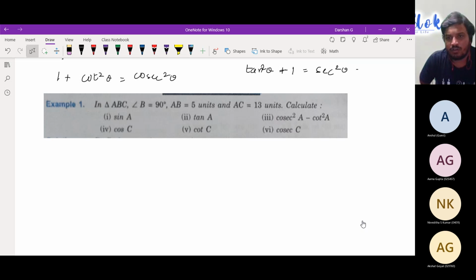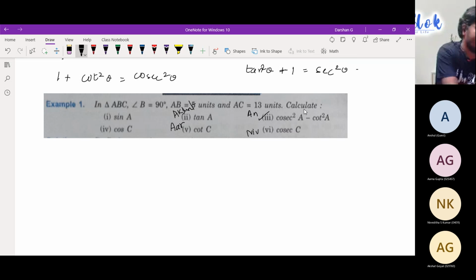Okay, let me give this for Arna. And the next question for Nivedita. And tan A for Akshat. Once you have your answers, please let me know one by one.